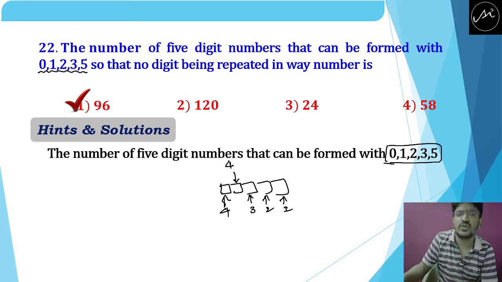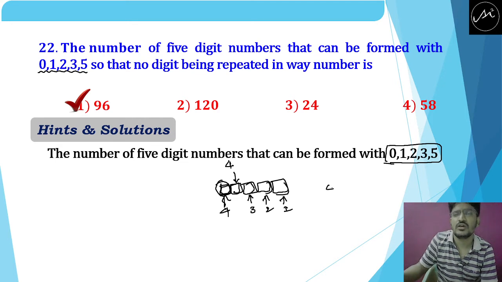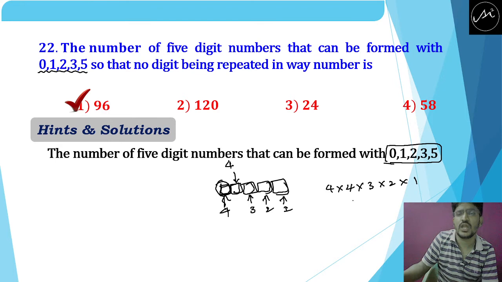Out of this 5 I can use only 4 here. Okay, one digit is already used out of 5. So 4 are remaining. So here out of that 4, 3, 2, 1. Okay. So 4 into 4 into 3 into 2 into 1.